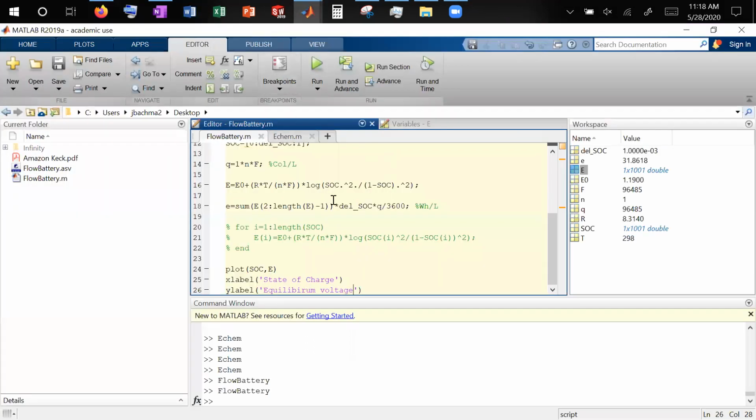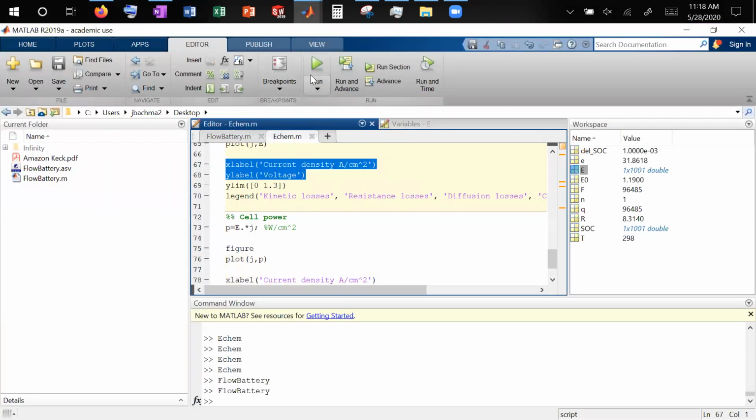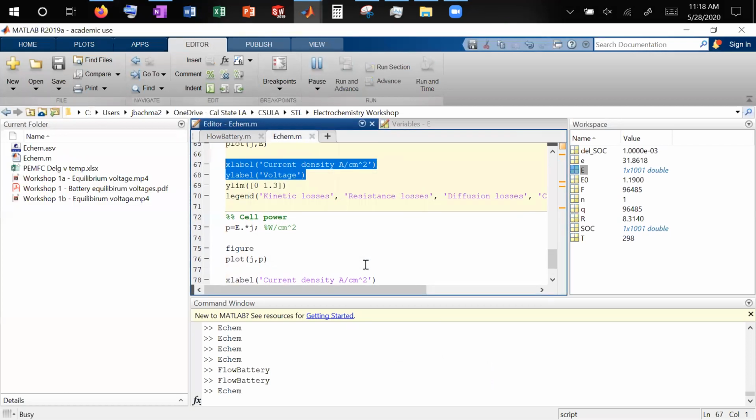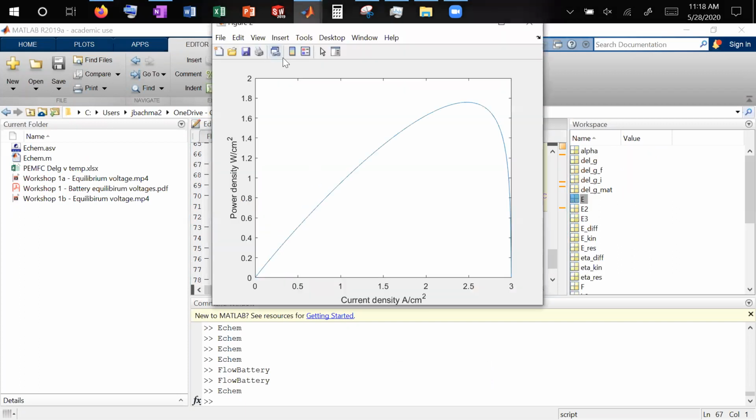Then you say, okay, well, at those figure.